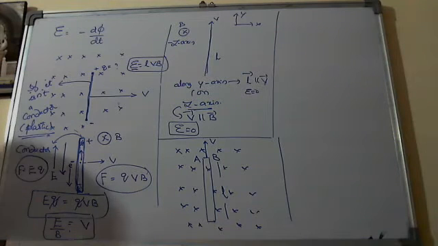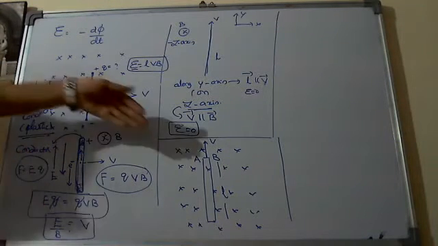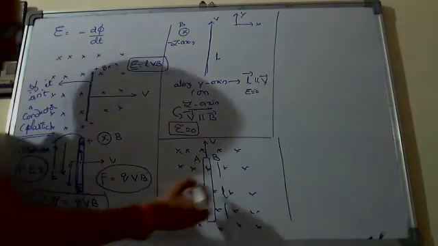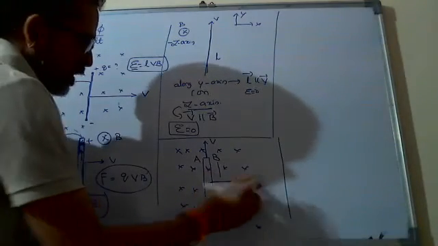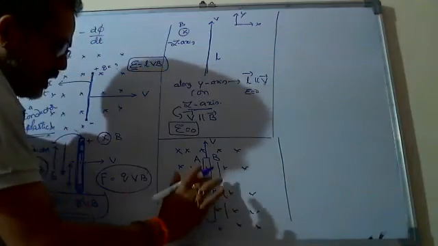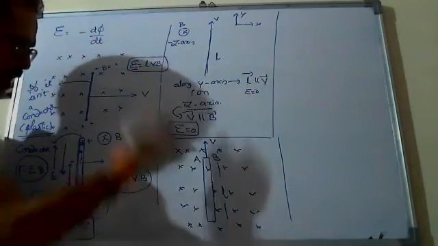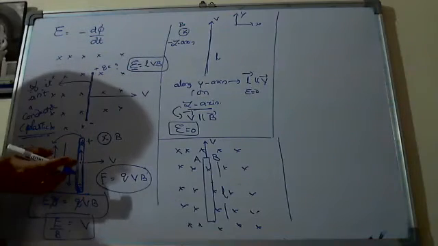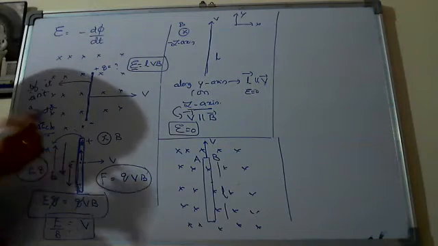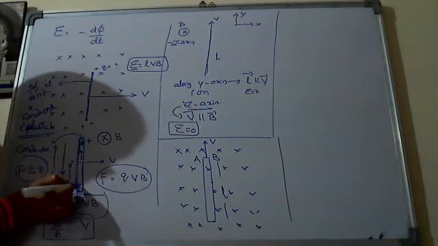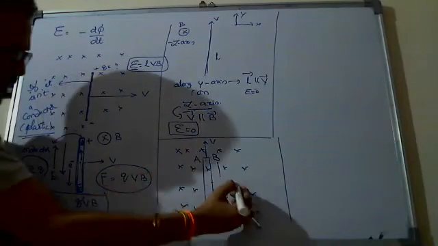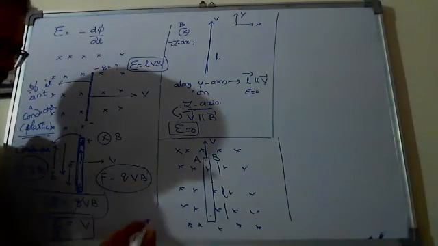That electric field, same concept. If I come back to my question, when it is pulled parallel to the length, then obviously, according to this concept, no charge is induced at the top and bottom. Why? Because the length is parallel to velocity.